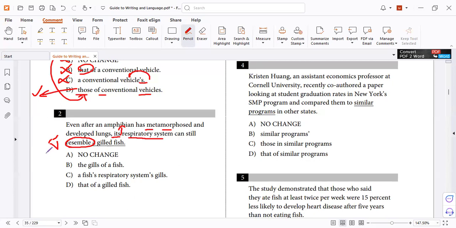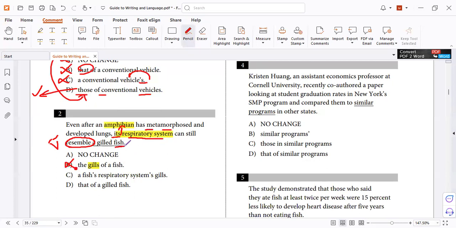So what resembles what? Respiratory system. So the respiratory system of an amphibian resembles the respiratory system of fish. So don't compare the system and the gills. So it's wrong.